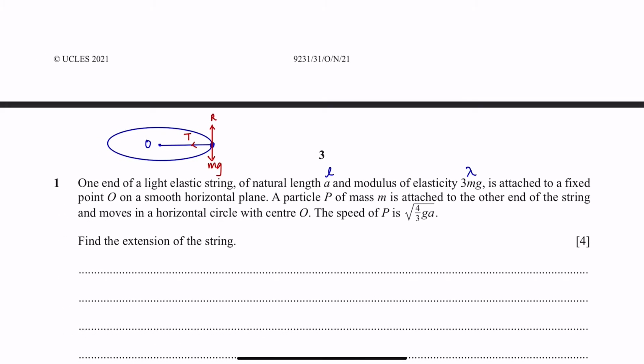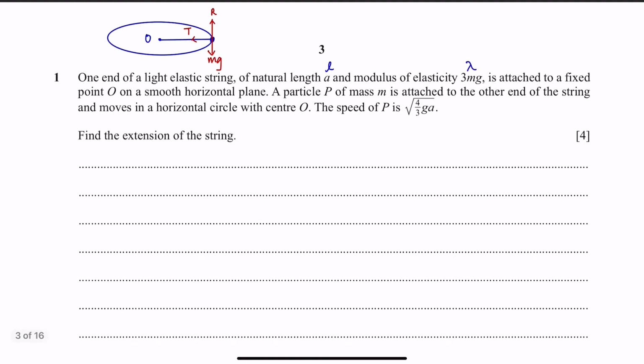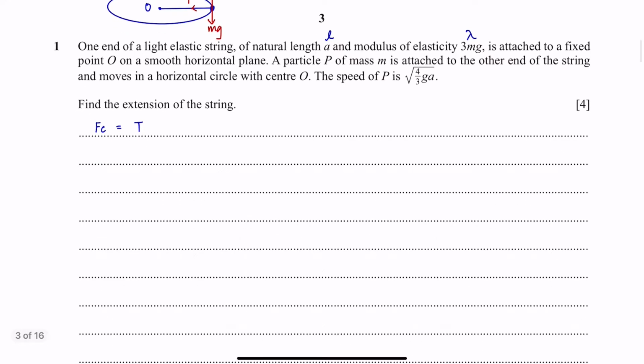Alright, so for the horizontal force, there's only the tension, right? So we know that in a circle, there would be a centripetal force, and the centripetal force would be the net force. In this case, it's just the tension. So we can write T equals, how do we find the centripetal force?